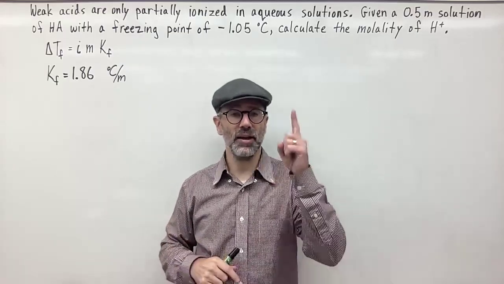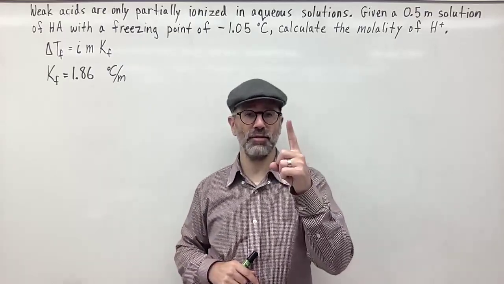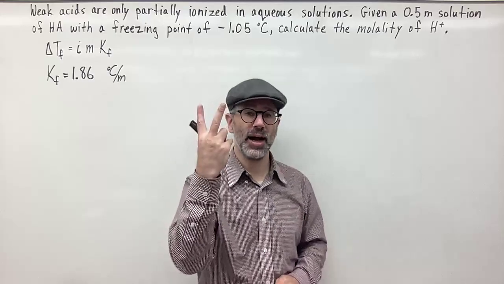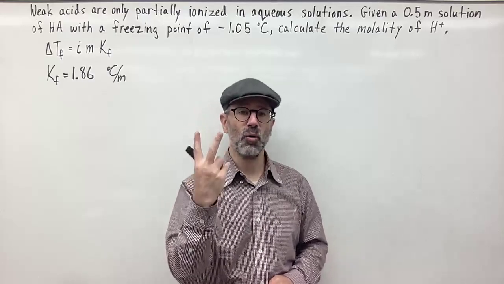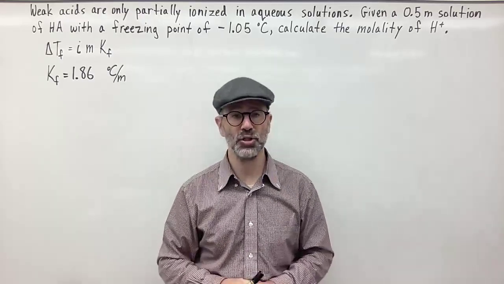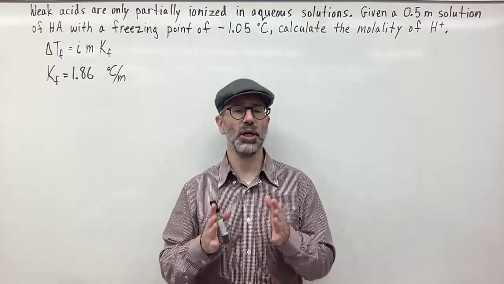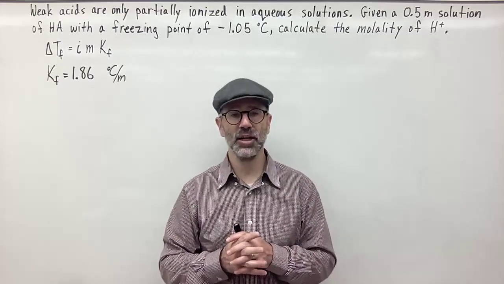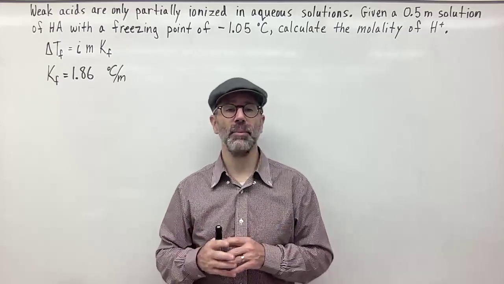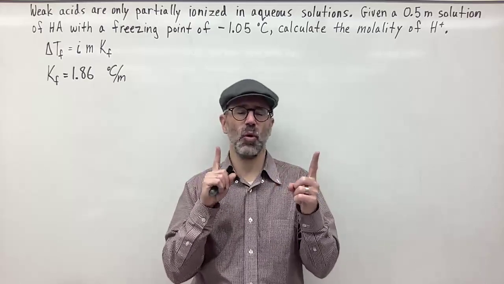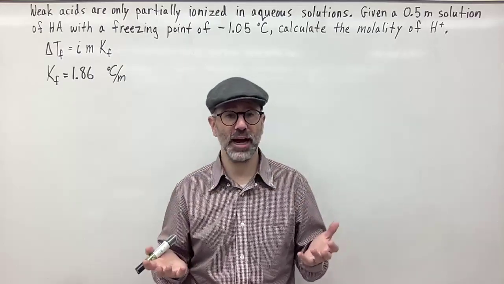So from 1 molecule of the acid, you would get 2 ions or 2 particles in water, so the Van 't Hoff factor would be 2. But in this case, since the weak acid only partially ionizes in water, it's going to fall somewhere between 1 and 2, and we have to figure that out.